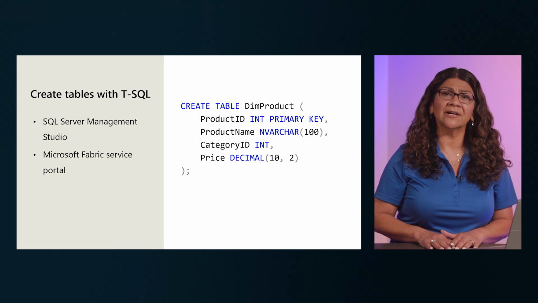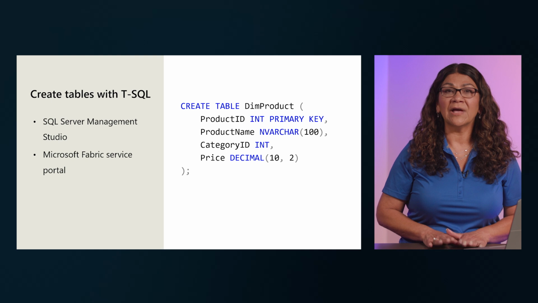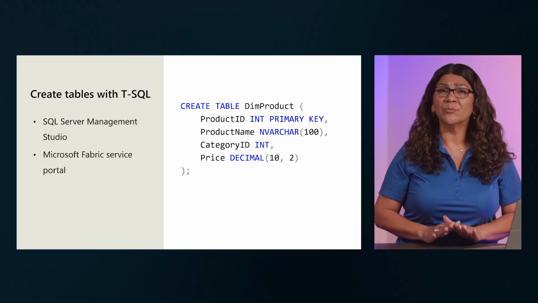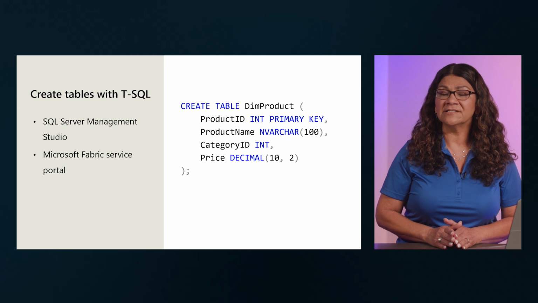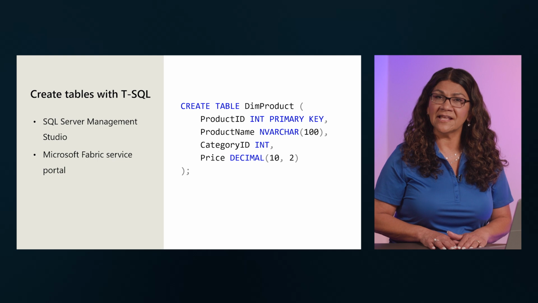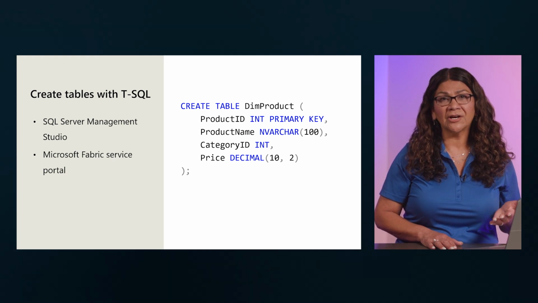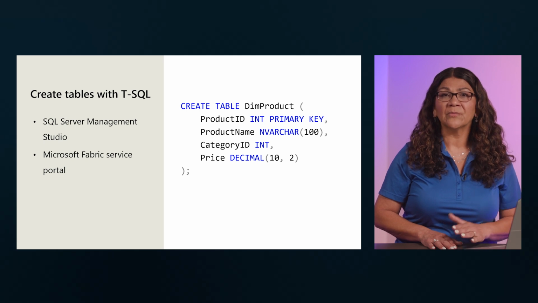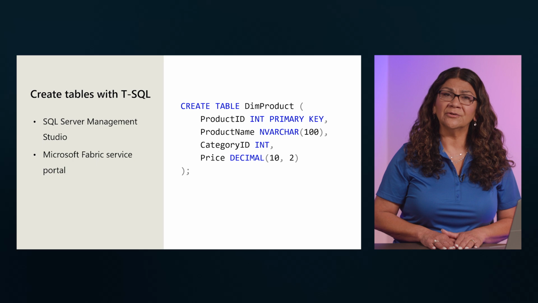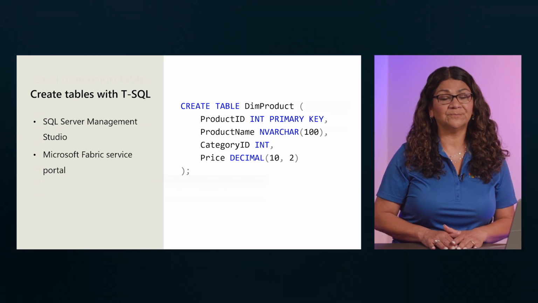In our example here, we're creating a table called DIM Product that has 4 fields: product ID, product name, category ID, and price. Notice that each of these fields has a data type associated with it: integer, nvarchar, or decimal, which represents the type of data to be stored in it. Note too that the product ID field will be the primary key.